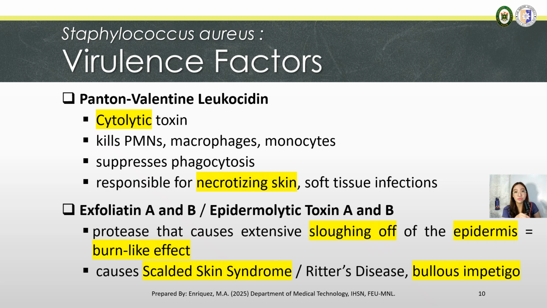So these ones, specifically, they could destroy the intracellular bridges on the epidermis, which causes excessive sloughing off of the skin at the epidermal layer, causing a burn-like effect. Okay? So, natutuklap po ng sobra at parang nalalapnos yung balat ng pasyente that are suffering from the scalded skin syndrome because of the epidermolytic toxins.